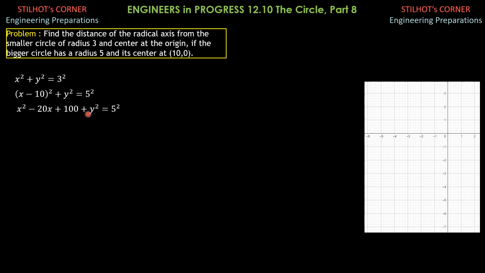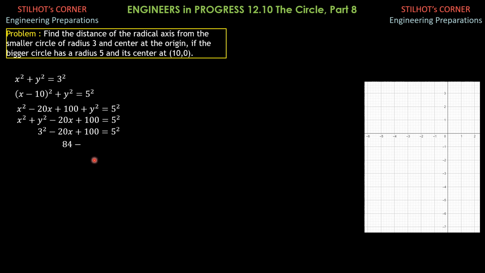Since x squared plus y squared is 3 squared, or 9, replacing that, we have 3 squared minus 20x plus 100 equals 5 squared. Then 3 squared plus 100 is 109, minus 25 is 84.